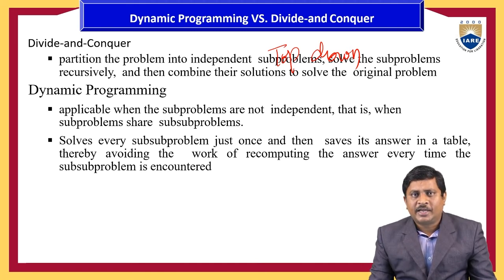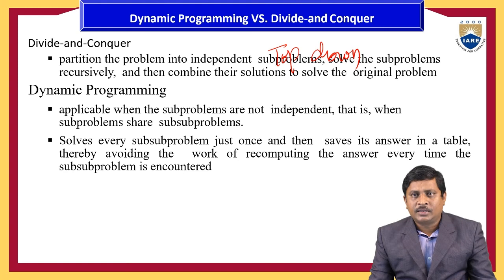We come to dynamic programming. Dynamic programming is mainly used to solve optimization problems. Here the subproblems are not independent, that means they are dependent. That type of problems we solve in dynamic programming.